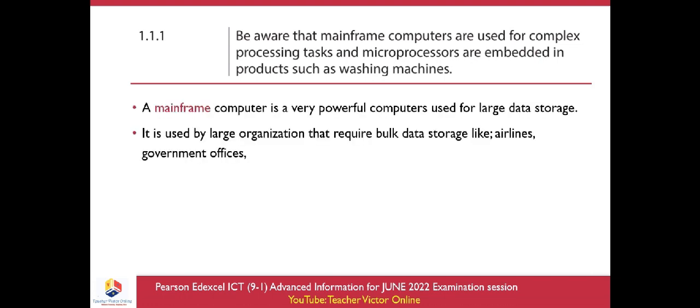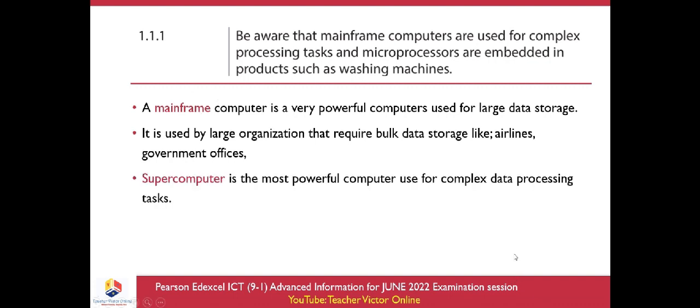But to get into details, a mainframe computer is a very powerful computer used for large data storage. It is used by large organizations that require bulky data storage, like airlines and government offices. We also have supercomputers, which are the most powerful computers, used for complex data processing tasks.